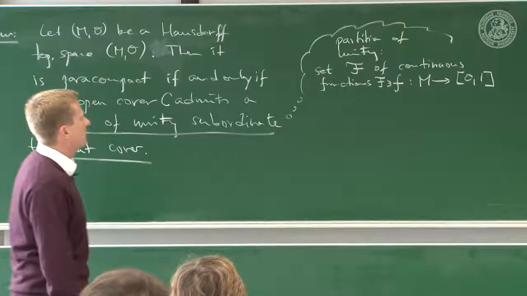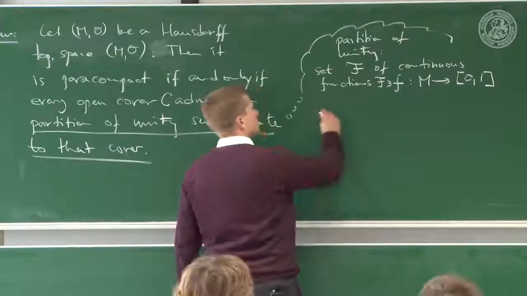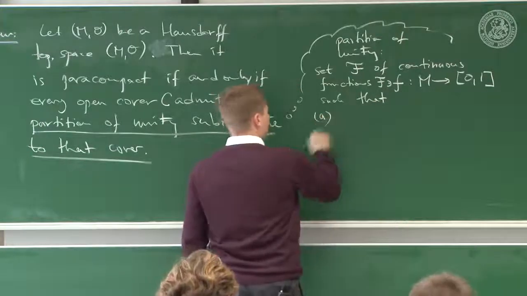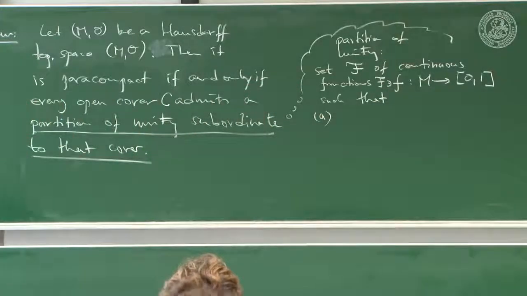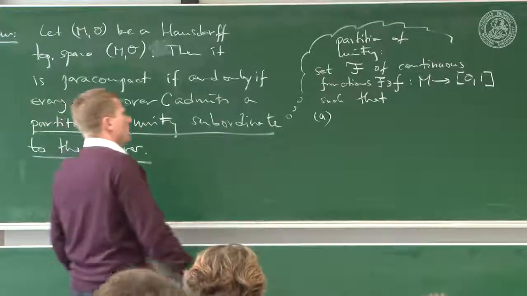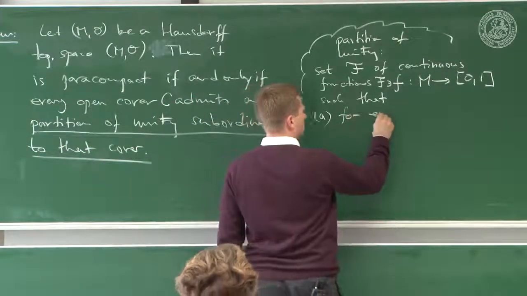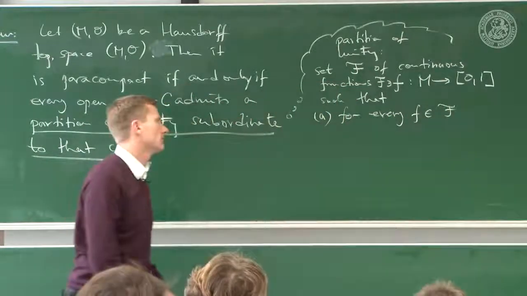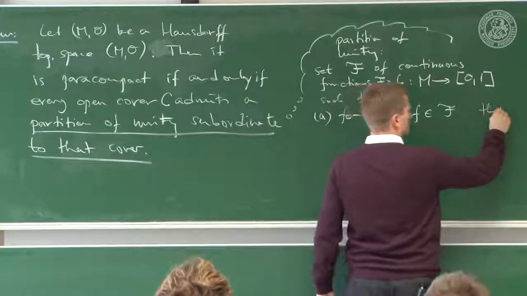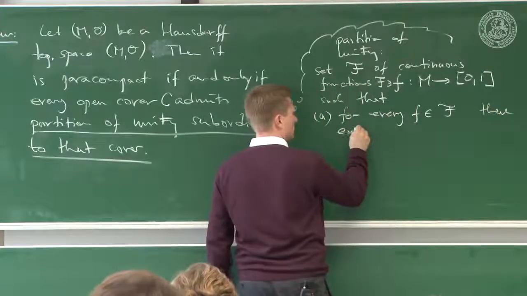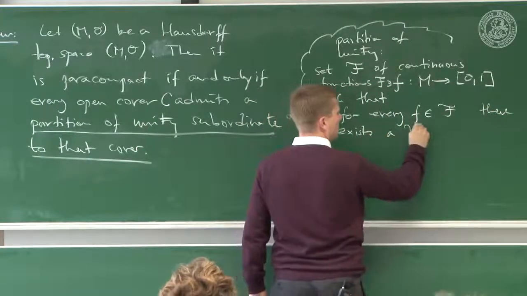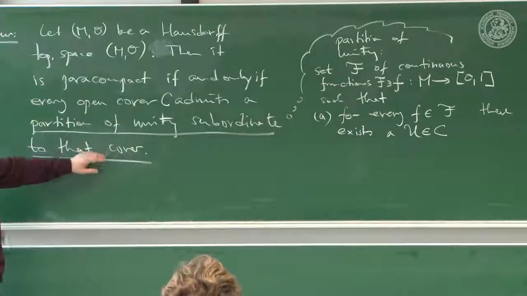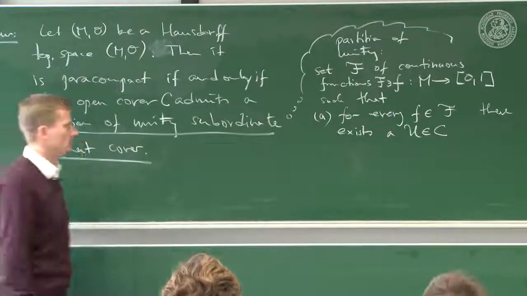It's a set F of continuous functions f such that A, for every f in that collection, there exists a U in the cover. So you see, it's the partition of unity subordinate to a given cover.